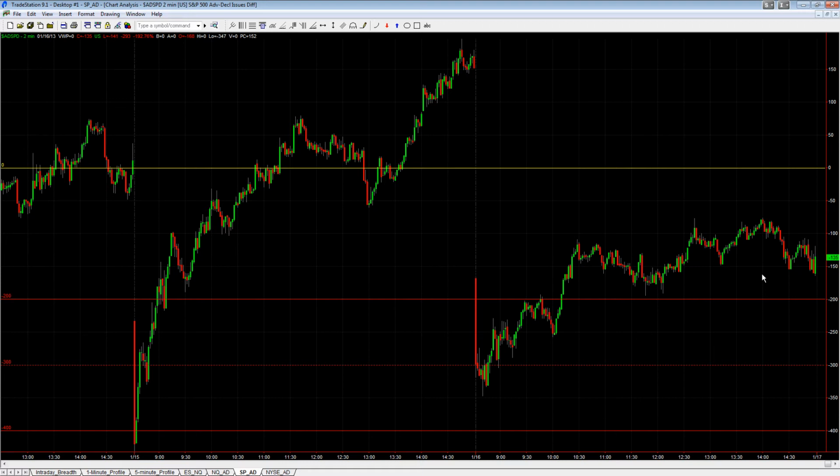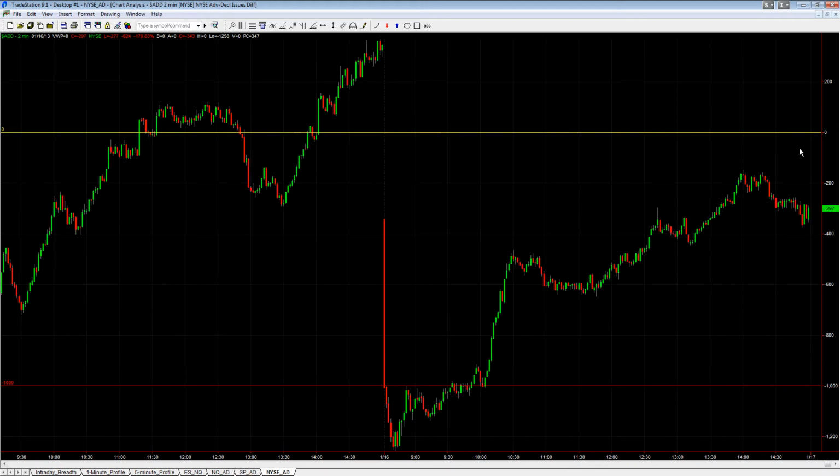In order to get a sustained breakout, and not just push higher but actually sustain those prices, you usually want to see that broad market strength. Again, on the S&P advance-decline and the NYSE advance-decline, same picture. We weren't seeing that.